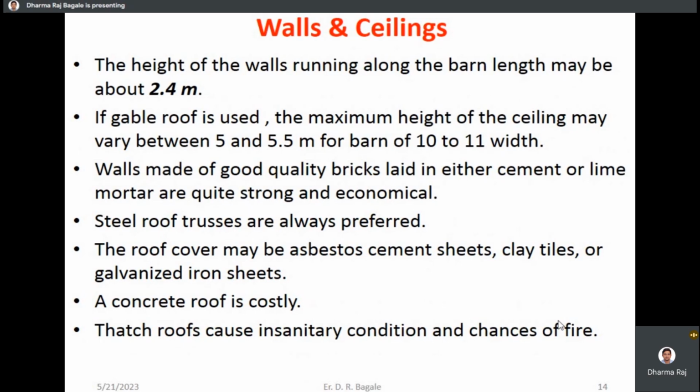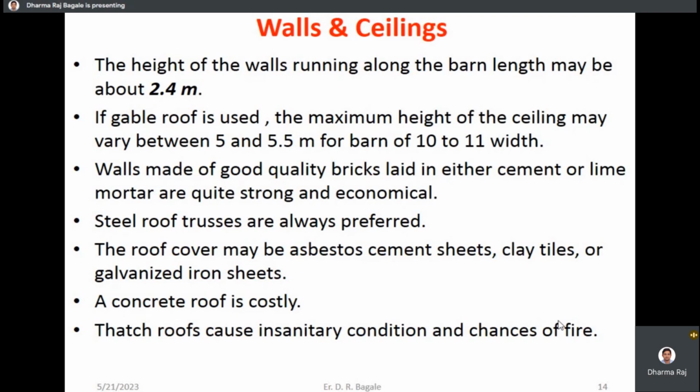We already studied that thatch material will cause unsanitary conditions, water seepage from the thatch roof and chances of fire. In Nepal also, we sometimes see cases of fire in cow farms, and a number of cows are dead and injured because of this fire of the thatch, or maybe the straw stored near the farm.